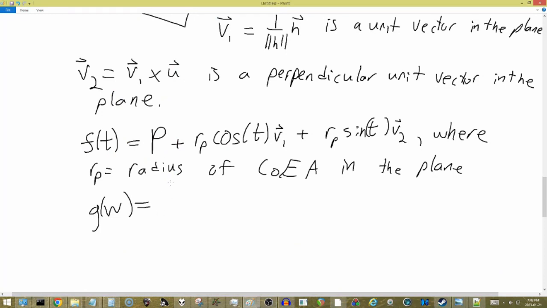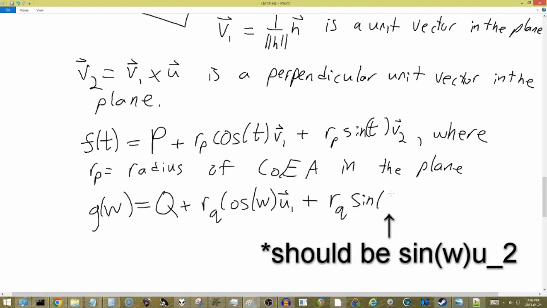So Q plus rq cos w u1, nothing to do with the u from before, so this is like the v1, plus rq sine w u2.